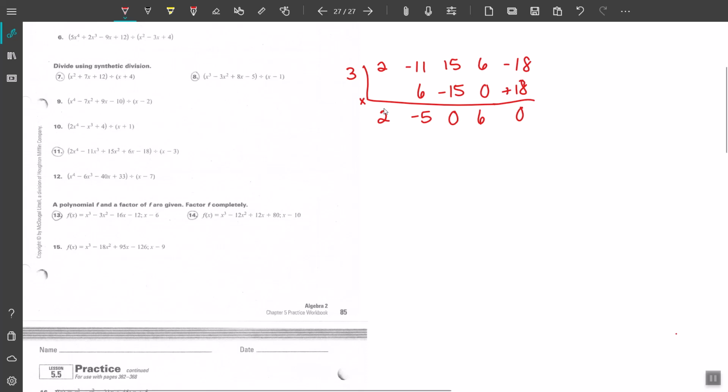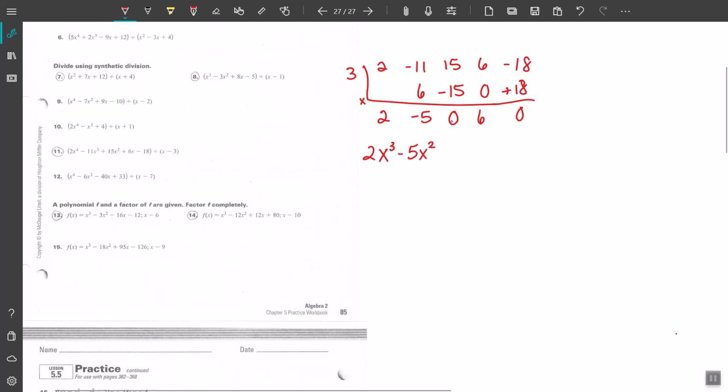So we're going to go back, look at our highest degree on the polynomial we divided into, which is x to the 4th. So that means my highest degree is going to be x to the 3rd in my quotient. I'm going to pull that coefficient of 2 down right there. And then I'm going to say minus 5x squared. I'm just going down 1 degree at a time.